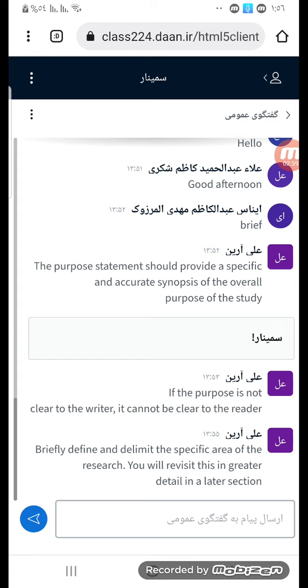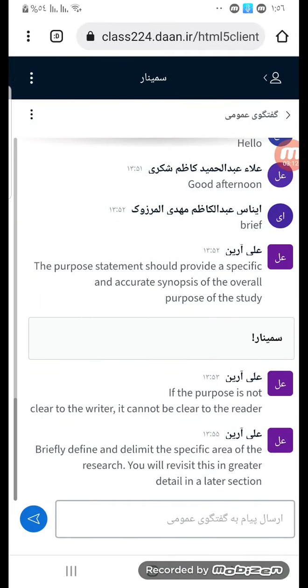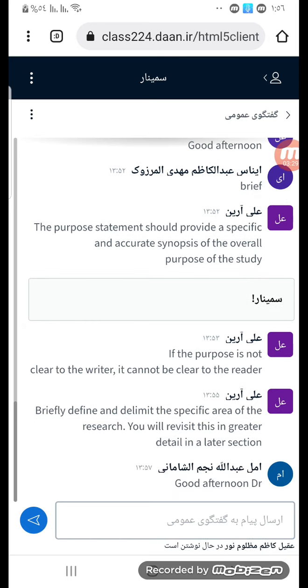In this case, it means that you specify your area of research. Whenever you say modernism, it is such a vast and expansive area. Then you should say, yeah, in this research, I am going to talk about realism as one of the features of modernism. This is the case.